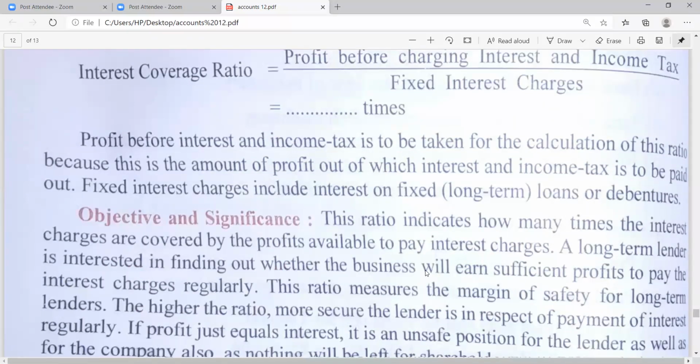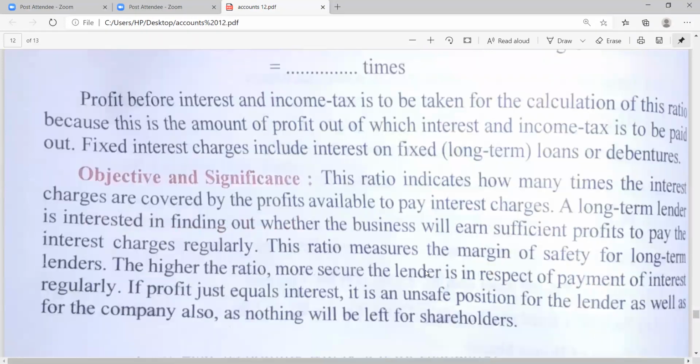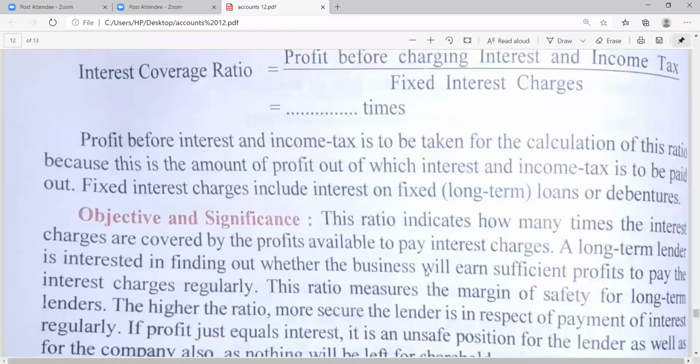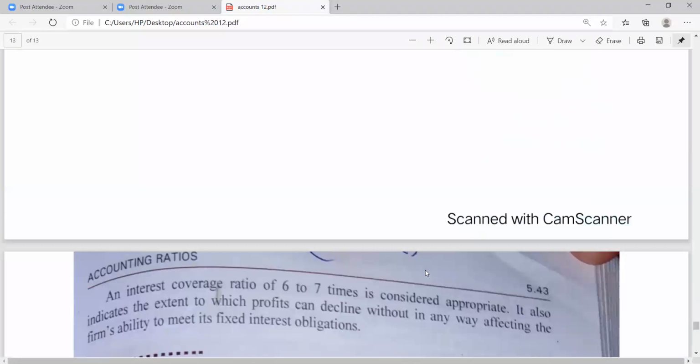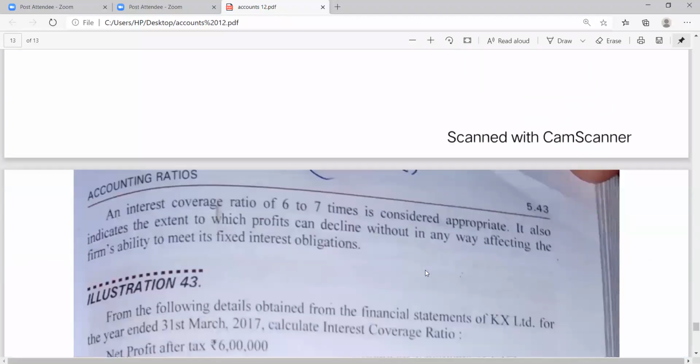If profits are just equal to interest, it is an unsafe position for the lender as well as for the company, as nothing will be left for the shareholders. So it is all about the interest coverage ratio. Let's see with the help of the upcoming example how the ratio is to be calculated.